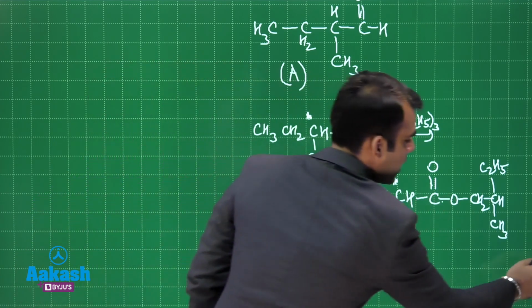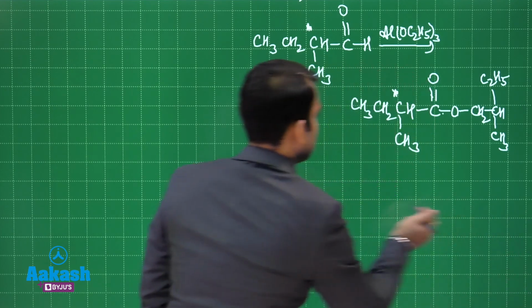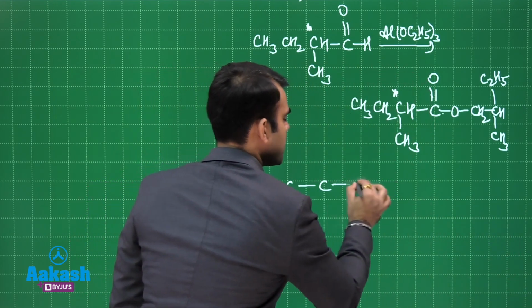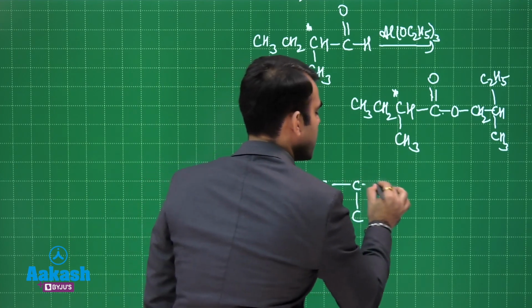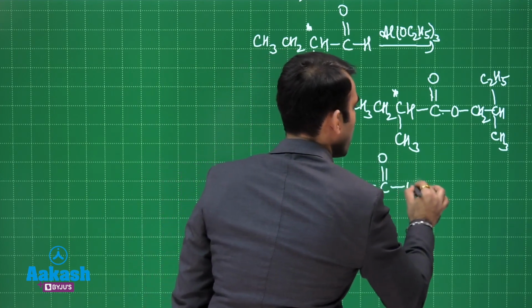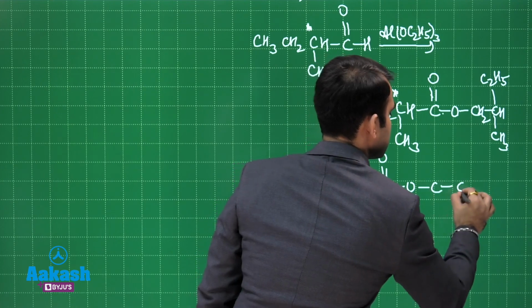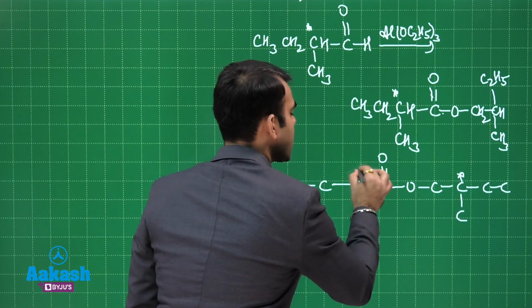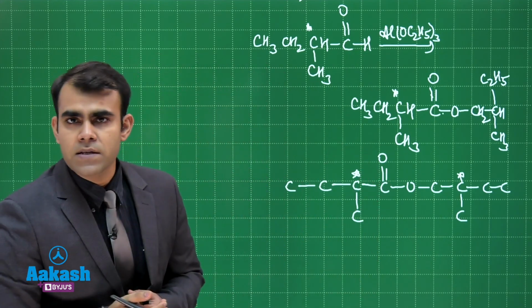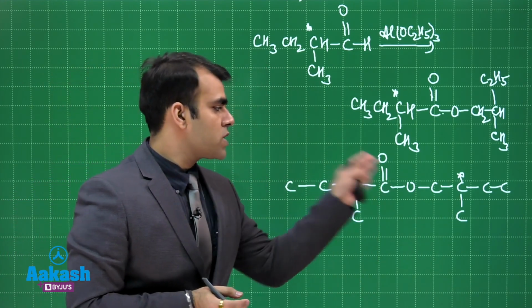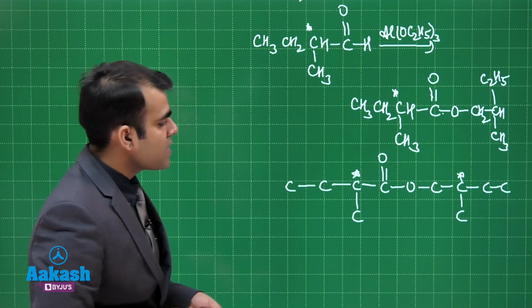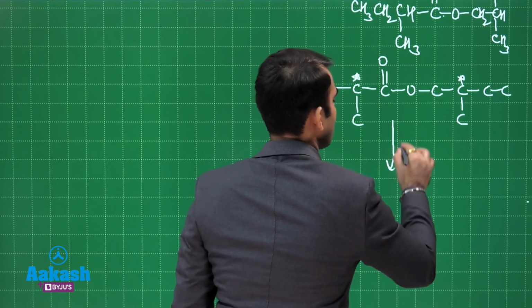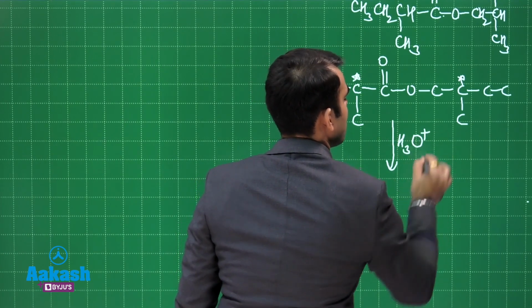So if I enlarge it, how does it look? If I draw the carbon skeleton, 2 carbons, third carbon, a methyl group here. We have COO, C, C, C, C, C, and these two are the chiral centers. Okay, and there is no symmetry in the compound. Now after that, we are doing the hydrolysis of this product.